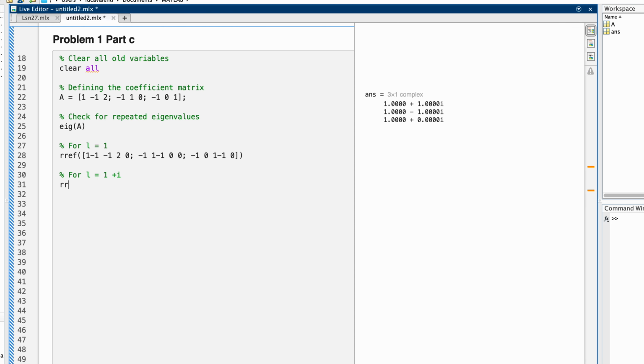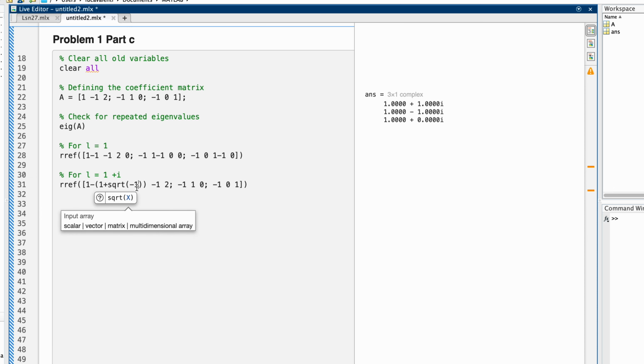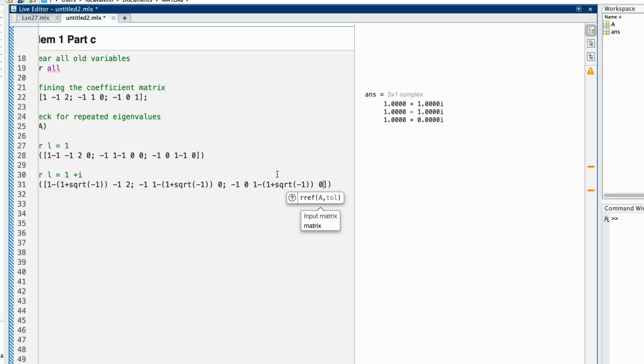So now I'm going to RREF that same matrix A, but now I'm going to subtract 1 plus i, plus square root of -1, from the diagonals, so here and here, and then I'm going to augment everything with a 0.